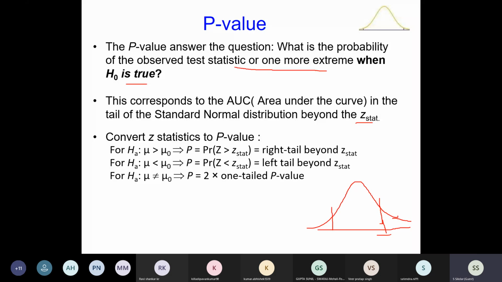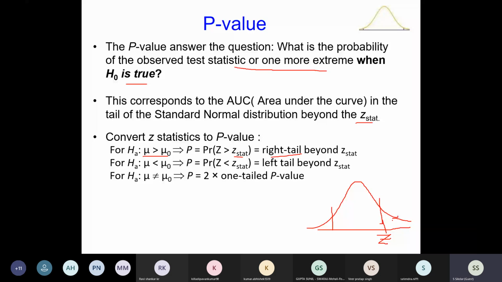Once you know the z value, from there you get the p value. For Ha, if mu is greater than mu zero, the probability is the right tail beyond z stat.